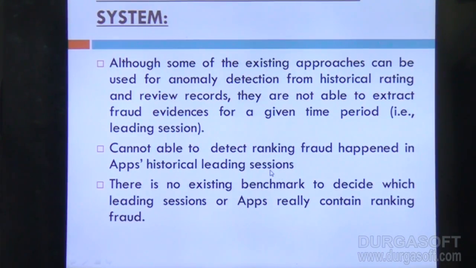If things are going on currently, I can at least detect them. But whenever we talk about historical leading sessions, the data which is already stored, we have to find whether those applications are genuine or not. If you want to detect those kinds of ranking apps also, I cannot do it. I cannot find whether the rankings are genuine or fraud.